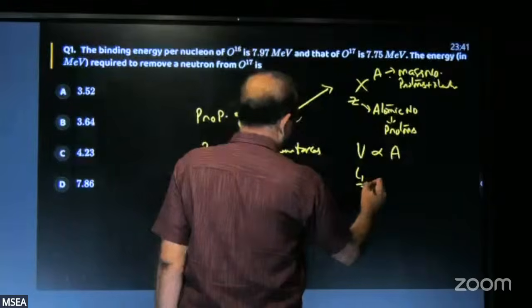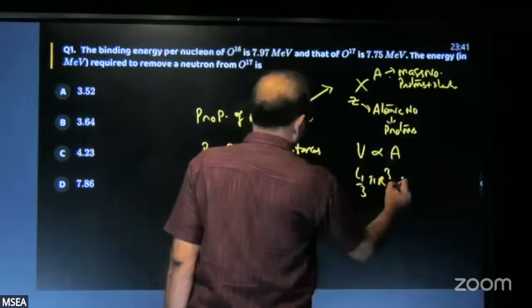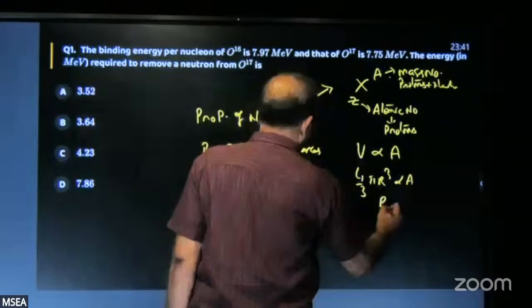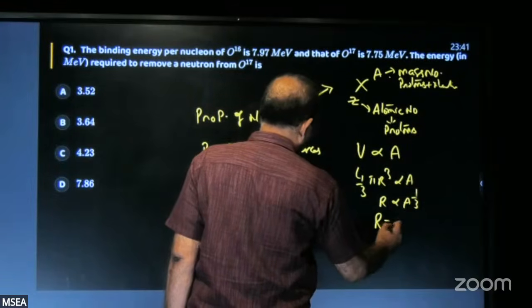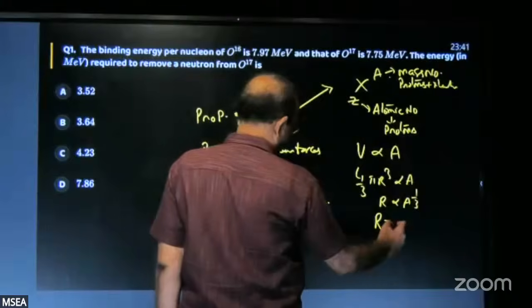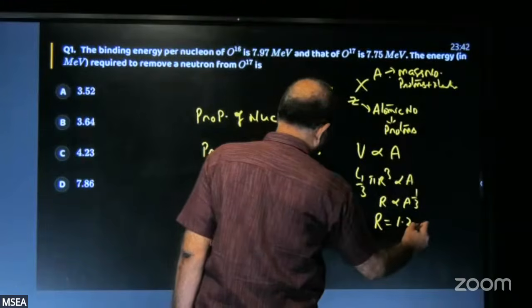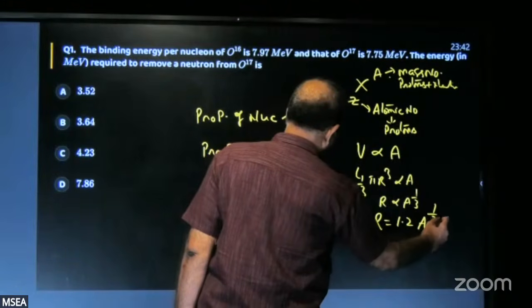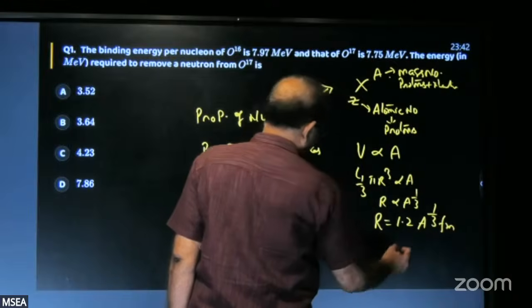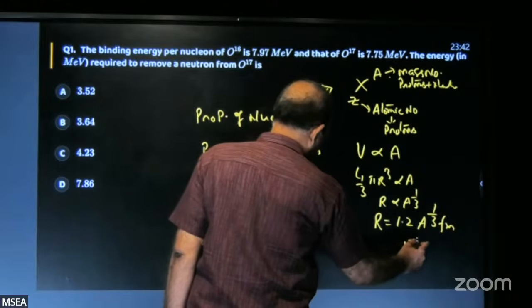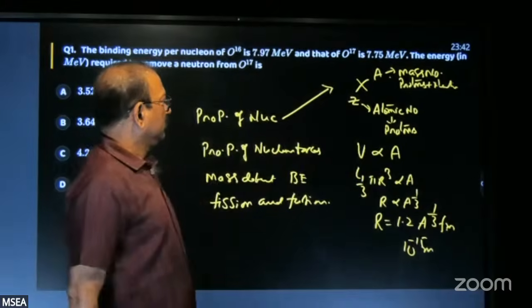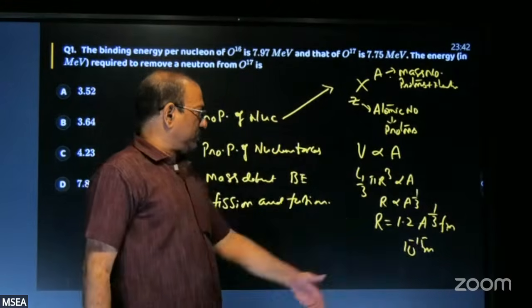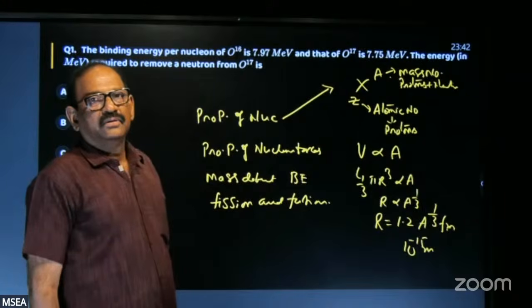Volume is 4 by 3 pi r cube, proportional to mass number, so r is proportional to A power 1 by 3. R is some constant into A power 1 by 3. R equals 1.2 into A power 1 by 3 Fermi, where 10 to the power of minus 15 meter is called 1 Fermi. Revise these properties.